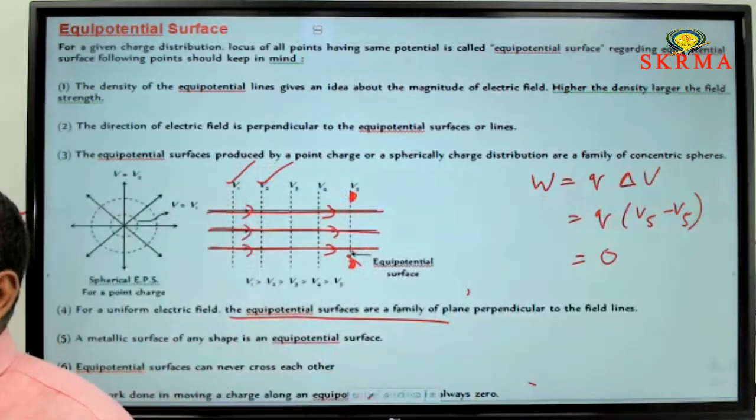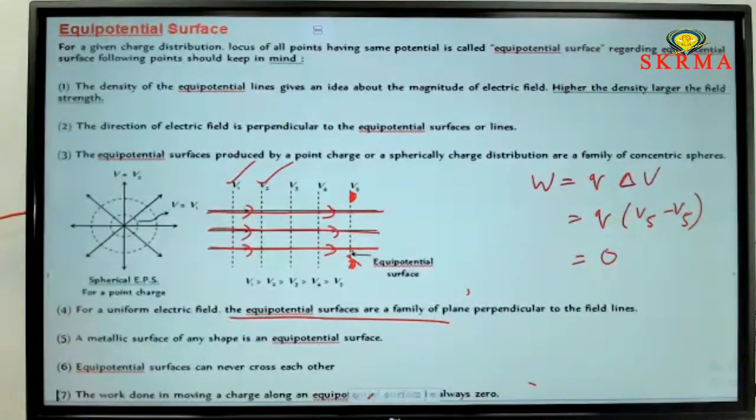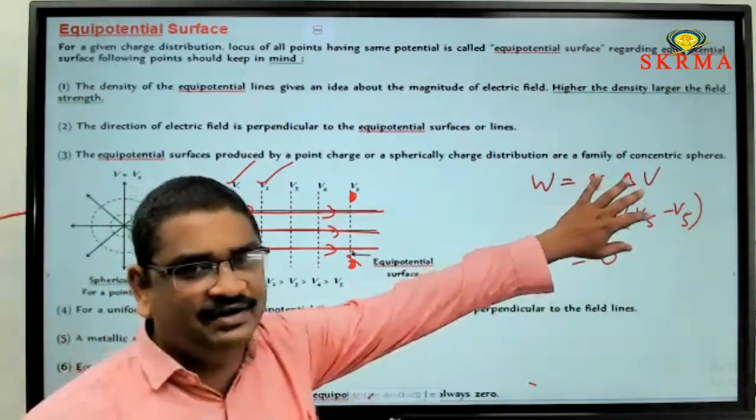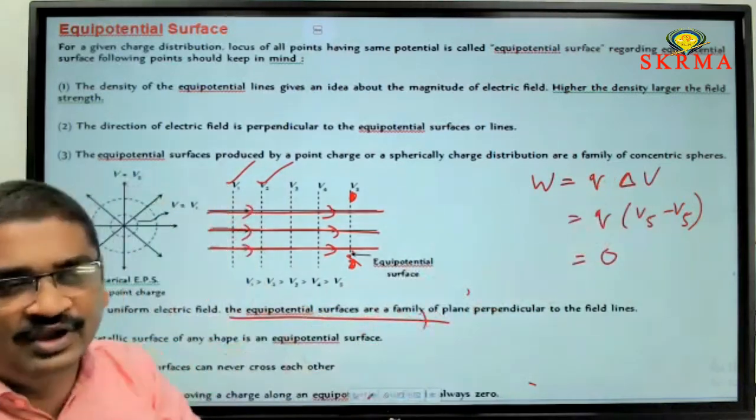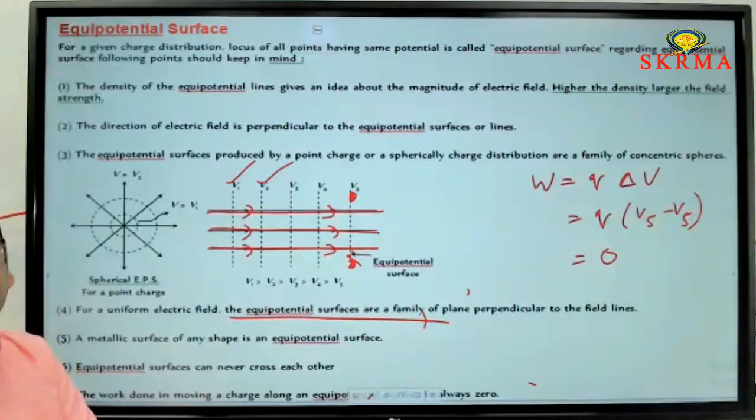So work done is zero to move a charge along the equipotential surface. If you want to move a charge along the equipotential surface, the work done is zero.